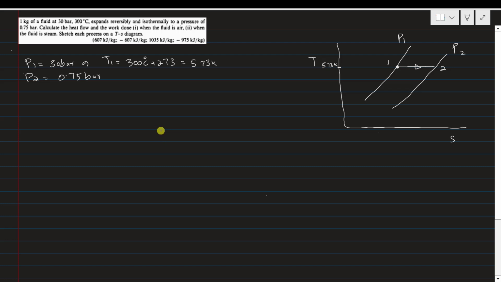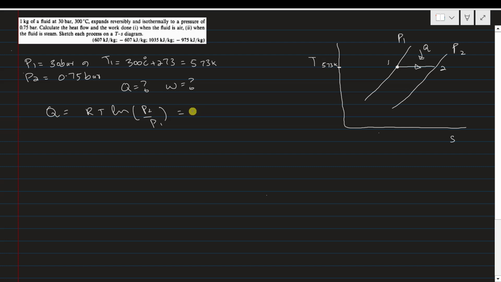Next we need to find the heat that is supplied during this process, and that is what we need to find: the heat flow and the work done. So the heat supplied from process 1 to 2 is equal to RT ln P2 divided by P1. So what is R?